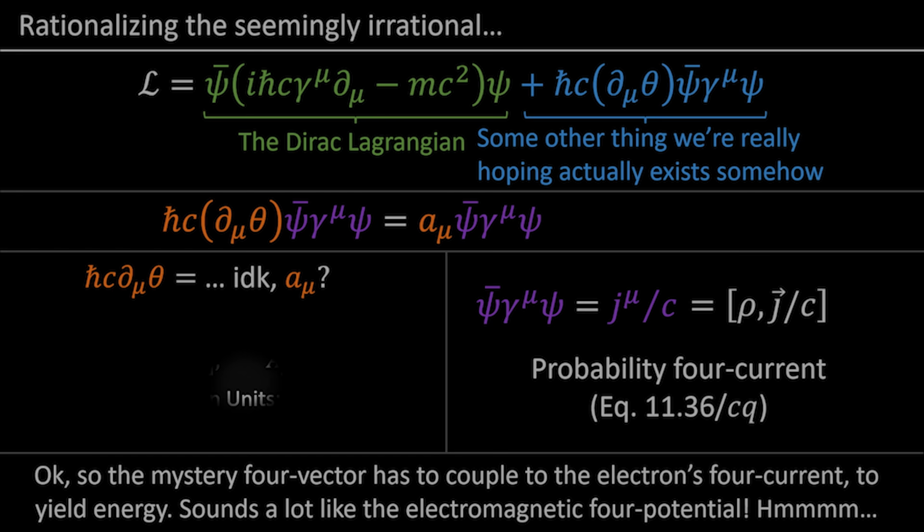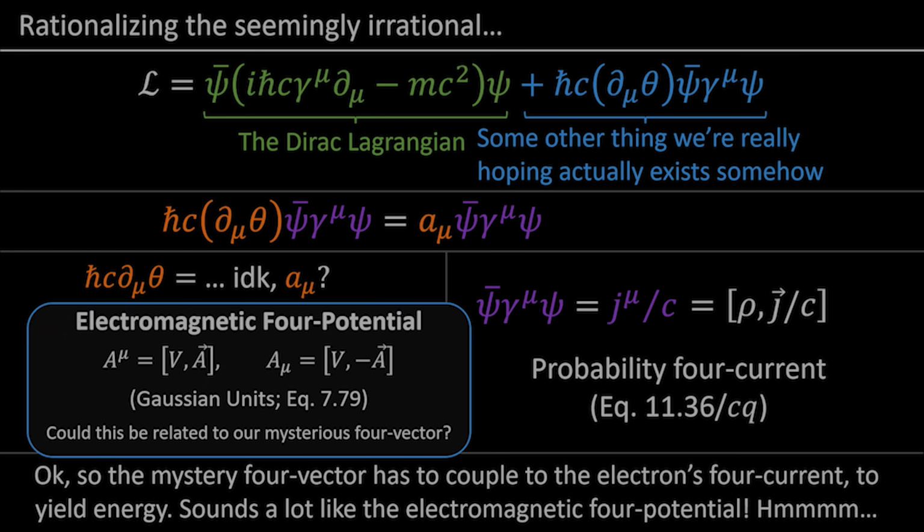So the electromagnetic four-potential is a four-vector where the time-like thing is voltage, or in SI units, V over c, and the spatial part is the magnetic vector potential. And that's the kind of thing that if you multiply it by the four-current, you're also going to get this energy associated with voltage acting on the probability density, and the vector potential acting in a momentum kind of way on the currents. So we're getting hints of the four-potential in here.